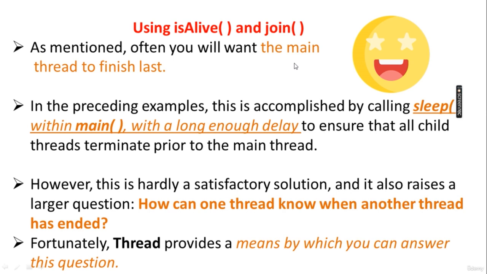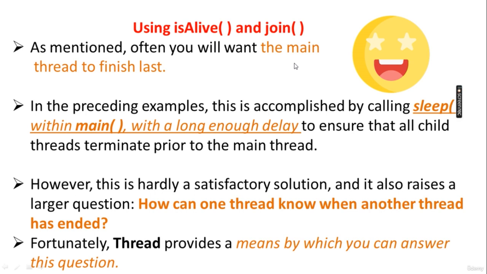But this will not be efficient for all programs, where many more threads are running like child threads and only one main thread, and you have to calculate all their finishing times, and only after all those threads finish will the main thread finish.